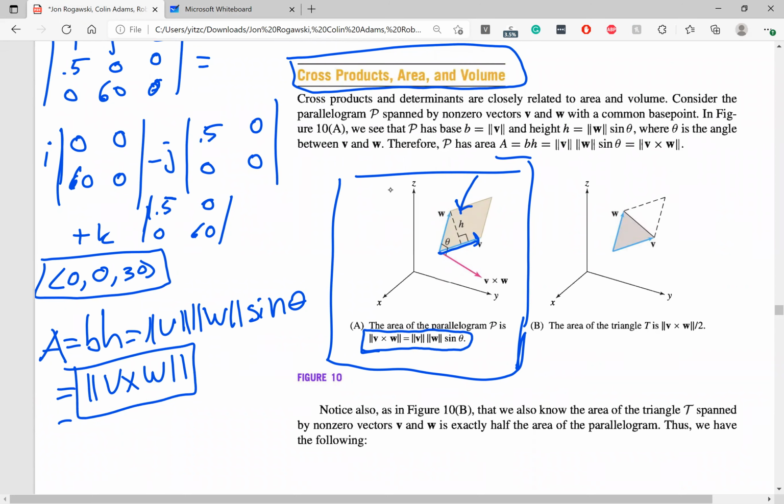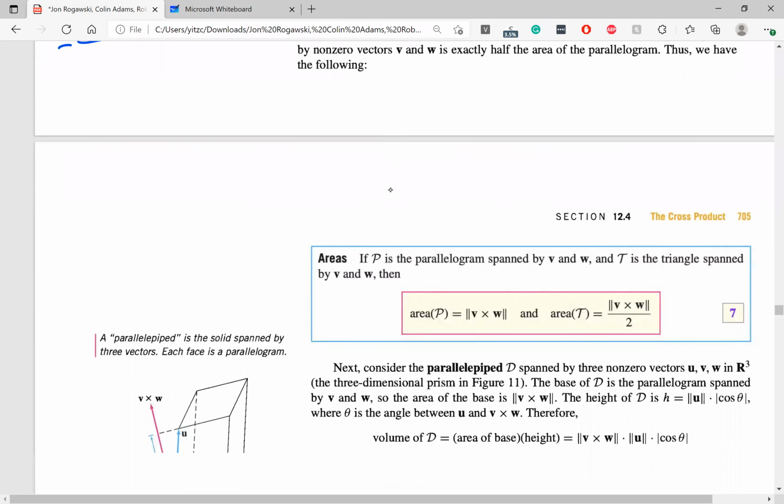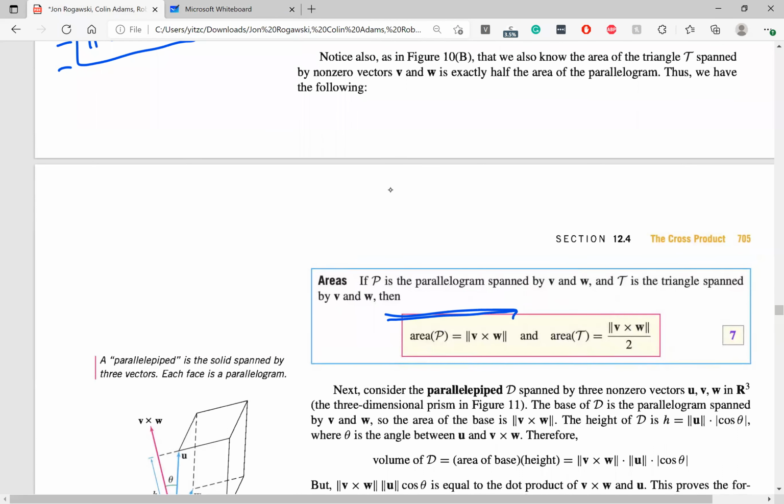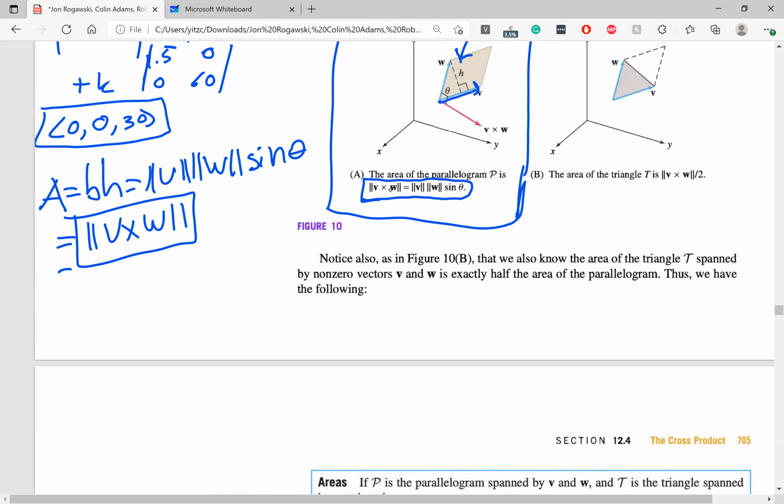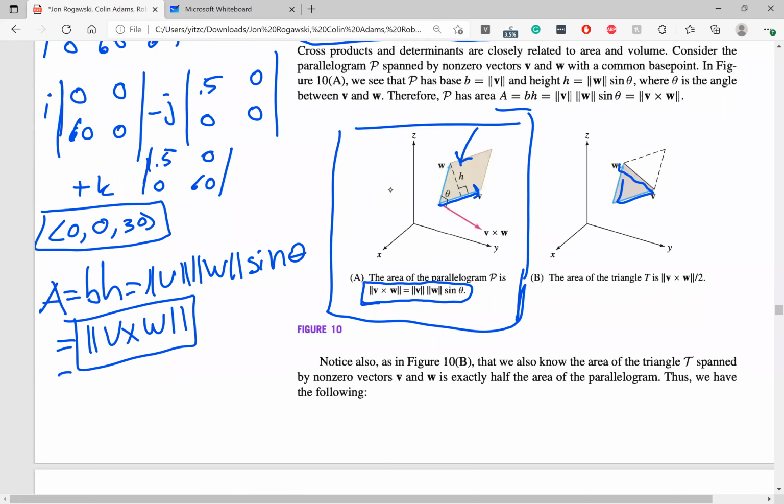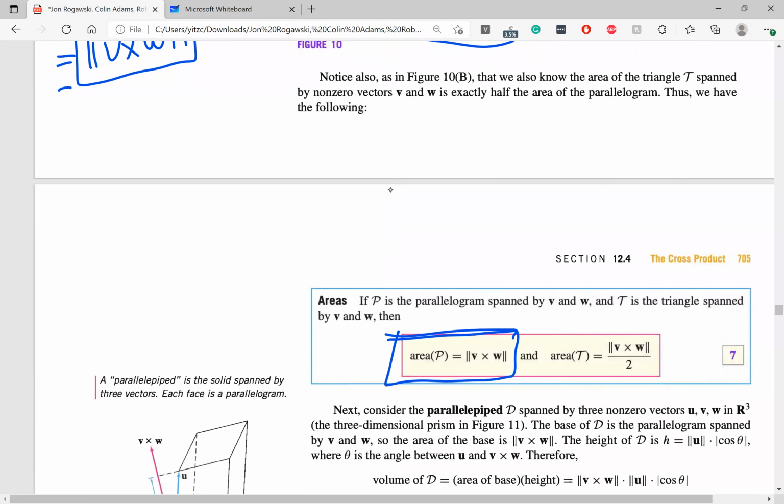So the area of the parallelogram formed by v and w is the magnitude of v cross w. If you have two vectors and you want to find the area of the parallelogram that's formed by them, it's the magnitude of v cross w. And for the area of the triangle, if you're ignoring half of it, well, that's just half. So that's why you divide by 2. We're going to stop here. If anyone has any questions.